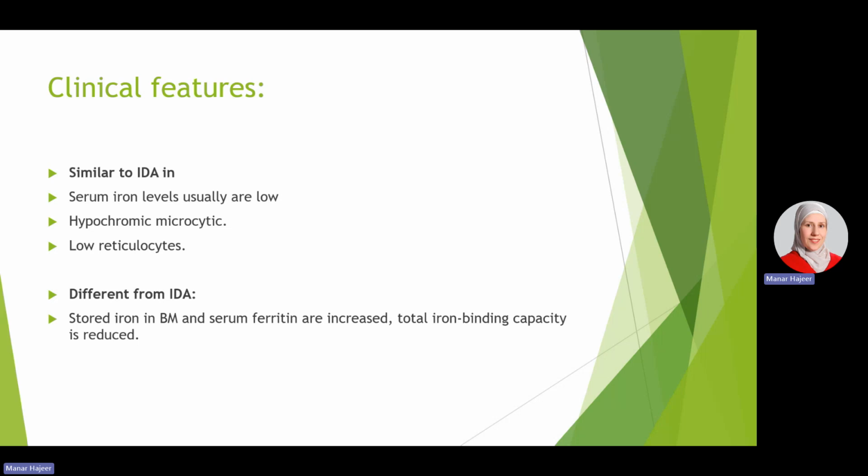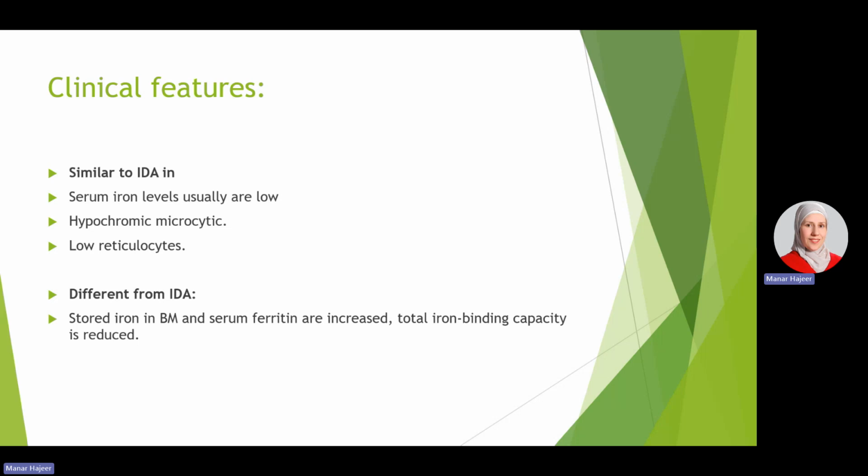So it will be like iron deficiency, even the cells will be small: microcytic, hypochromic anemia. Serum iron levels will be low also, and there is a decrease in the reticulocyte count. Therefore it is similar to iron deficiency anemia. However, it differs from iron deficiency in that the stored iron in the bone marrow is present and the serum ferritin is increased.